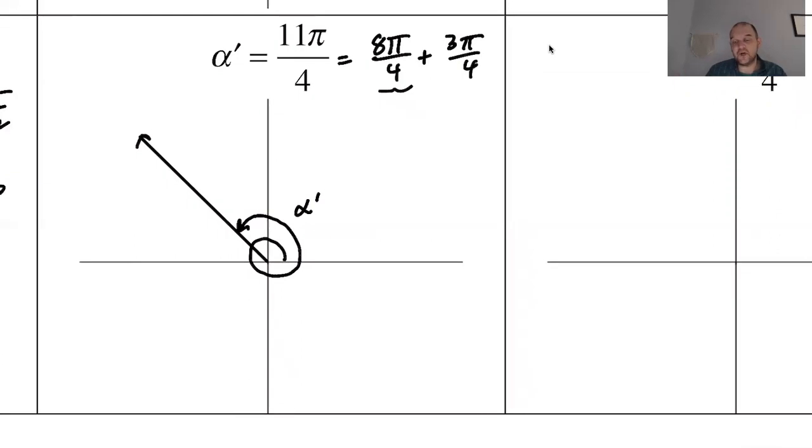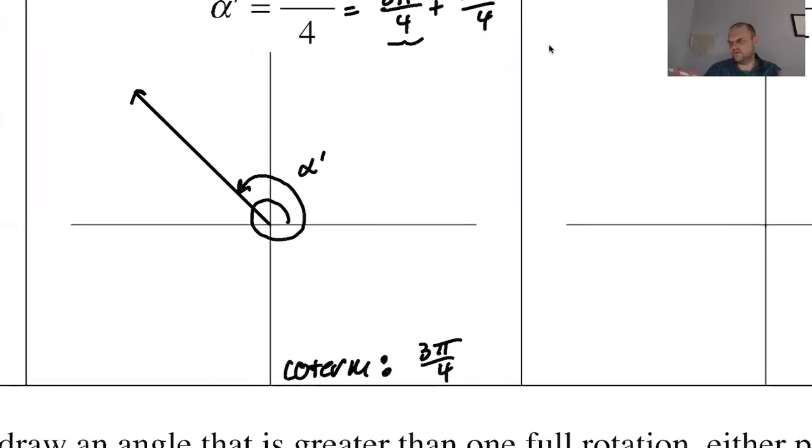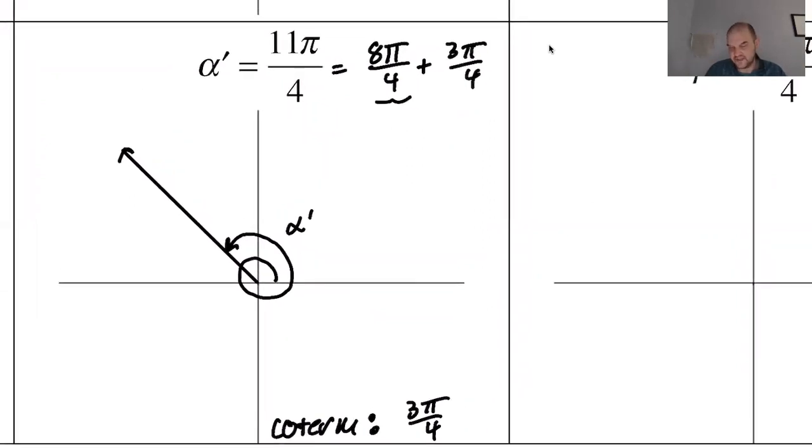So what is alpha prime coterminal to? Well, it's going to be 3 pi over 4 because that's the angle between 0 and 2 pi that we recognize that it terminates with. It's actually coterminal to an infinite number of things because you could keep going around and around and ending there over and over again if you wanted to.